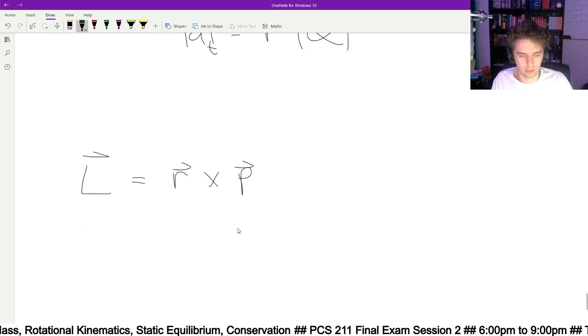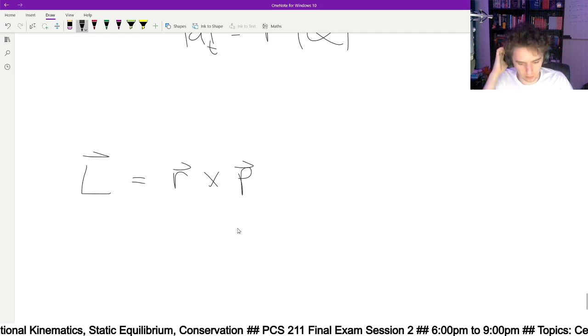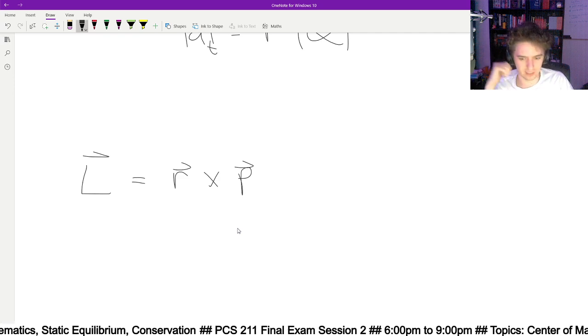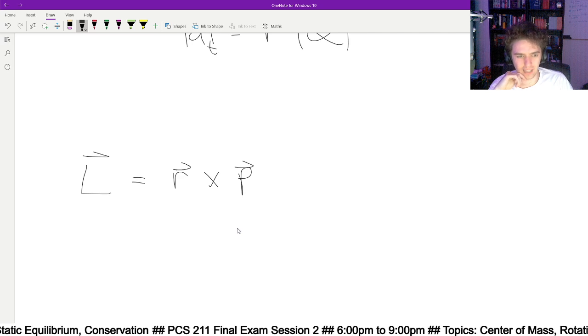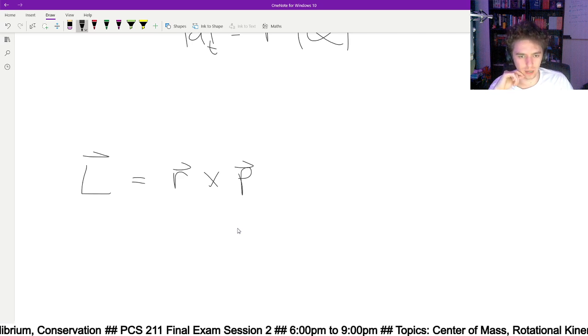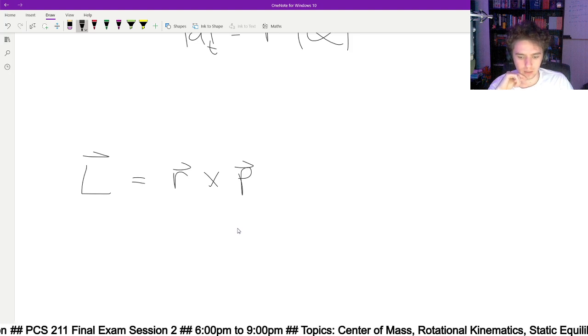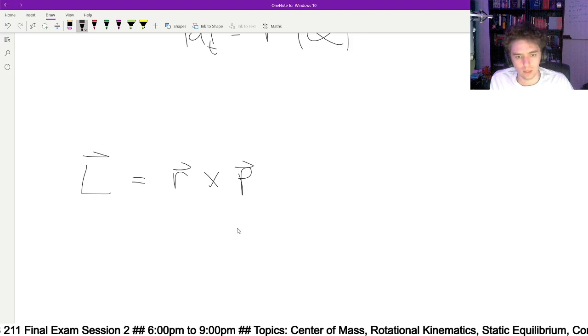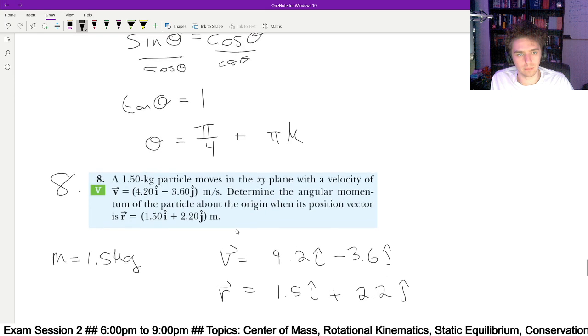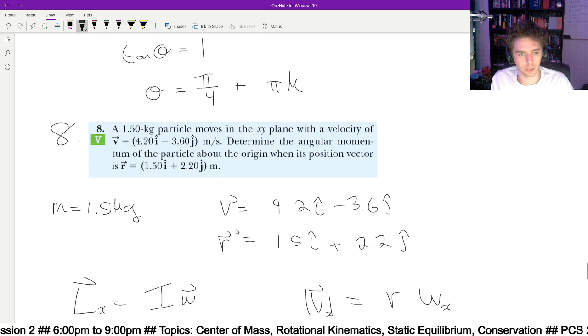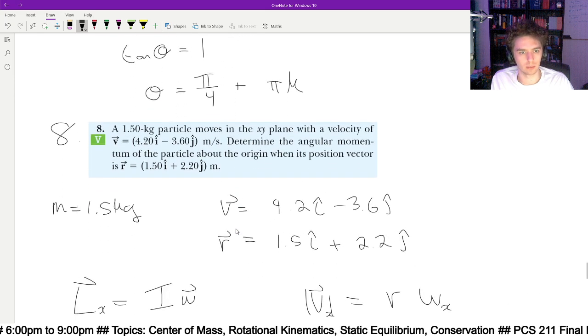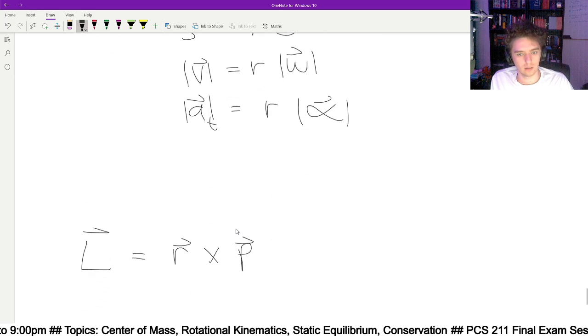Okay. I keep saying centripetal for the circle. I mean the angular momentum is equal to the radial vector times the linear momentum. So we can get the linear momentum just by multiplying every term in here by 1.5, right?